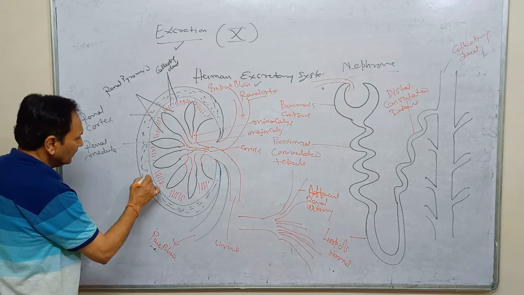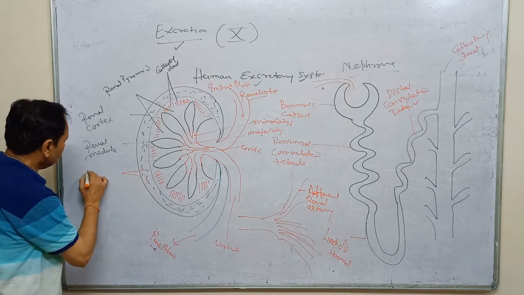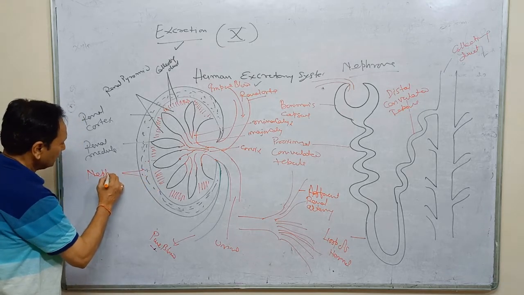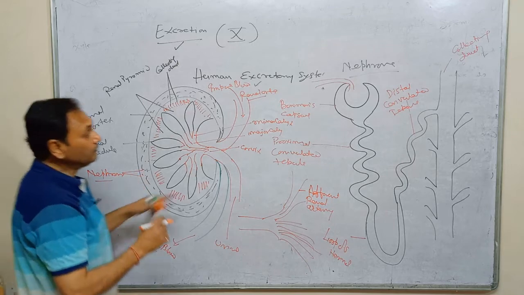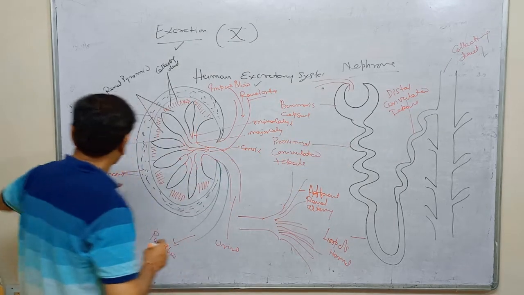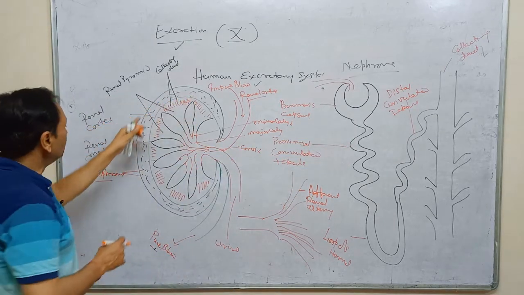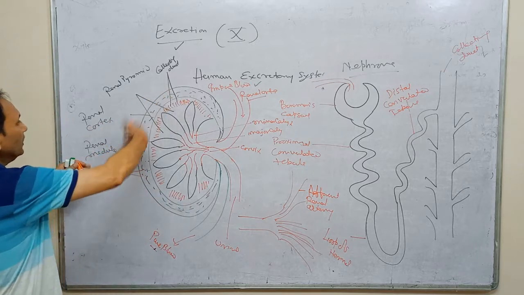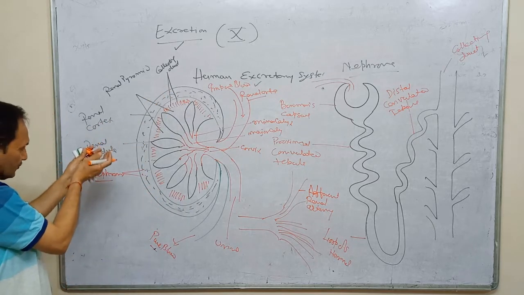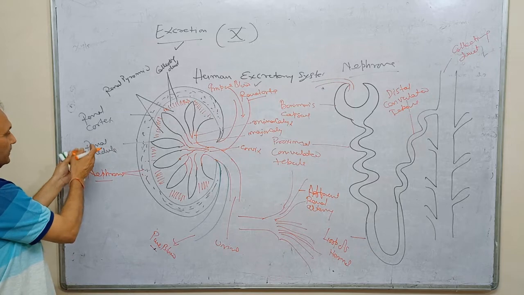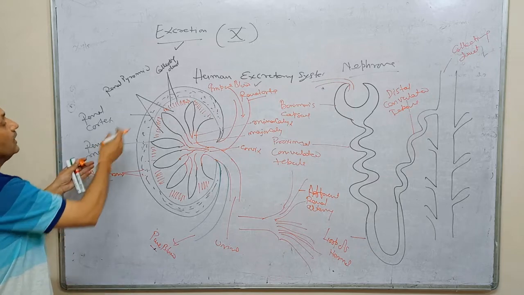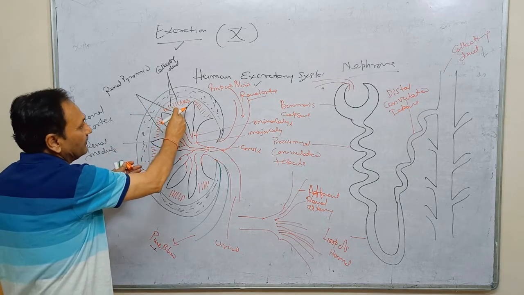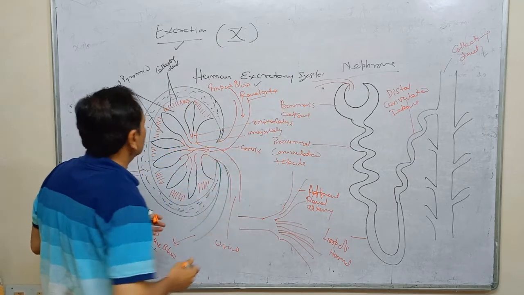Here, millions of nephrons are present in the form of this one. This nephron is present in this particular part, called the renal cortex. Gradually it has been observed that the nephron in the renal cortex opens inside this renal pyramid through the collecting duct.